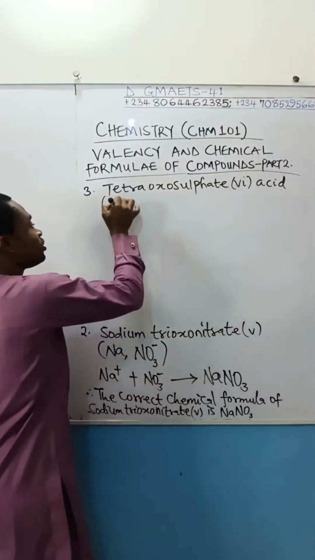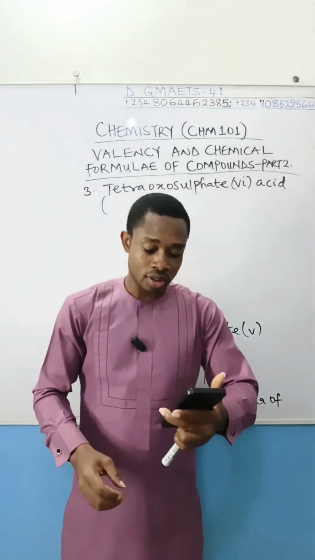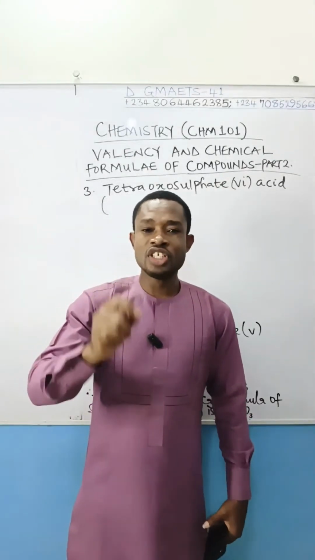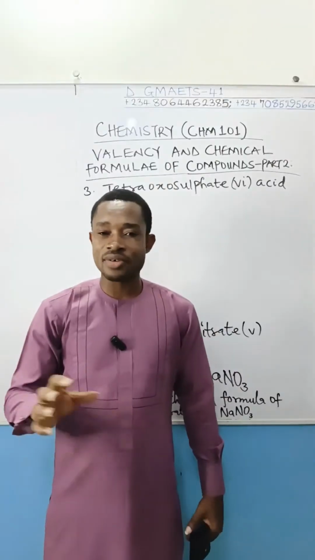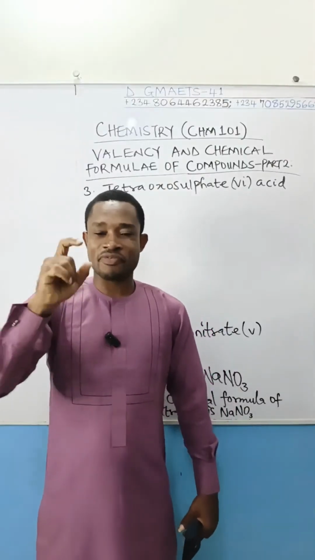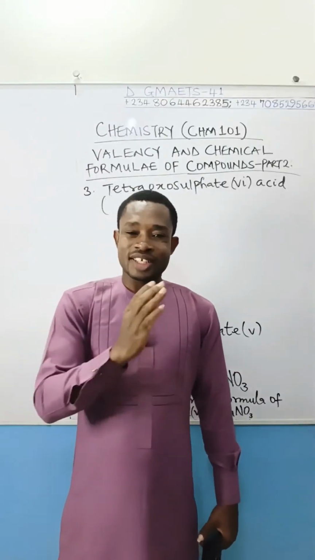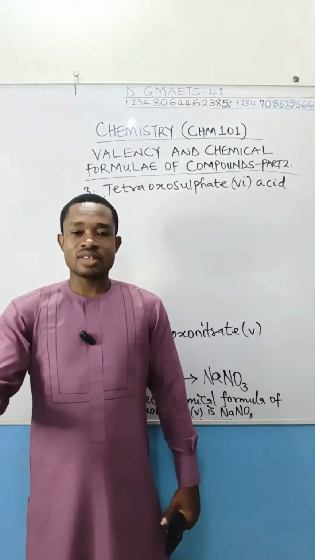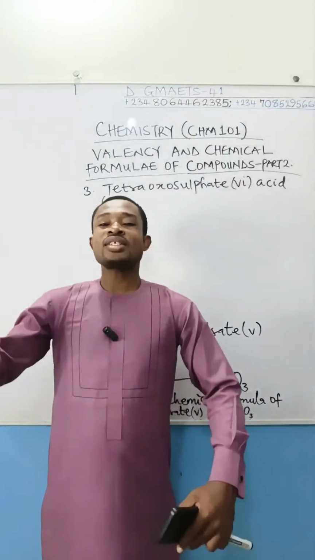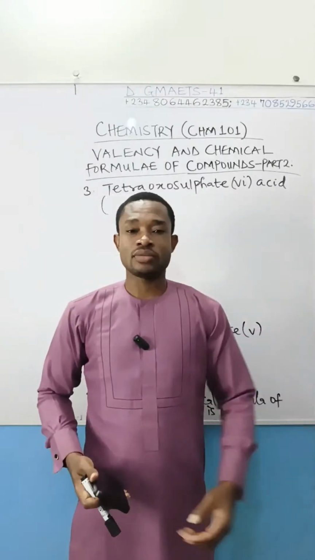Now, whenever you hear an acid, it's important for you to know that hydrogen is there. You don't need to wait for anyone to tell you that hydrogen is present there. Because one basic element that defines an acid is the presence of hydrogen. So tetraoxosulphate 6 acid contains hydrogen. Once that acid is mentioned at the end, then we don't need to mention the hydrogen.